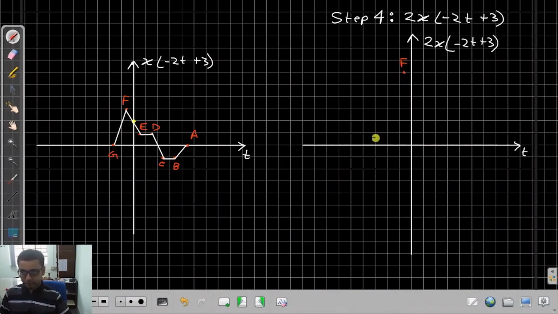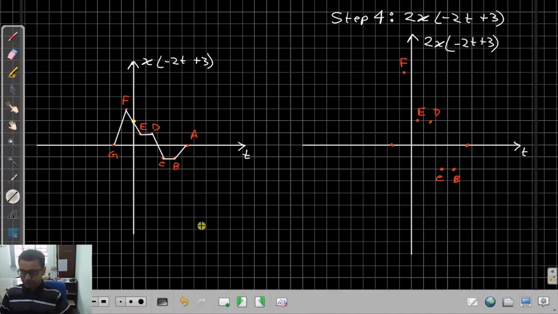Here will be F. Point E will be here at a height of 2. Point D, which is at a height of 1, will go to height 2. Point C will now be at a height of minus 2. Point B minus 2. Point A will remain at 0 because 2 times 0 is 0. Similarly, point G will remain at 0.